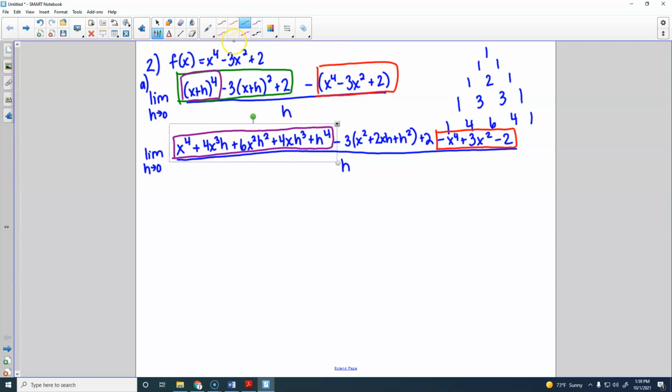I'm running out of colors. This part right here is this stuff. Is this stuff right here, and then it's really easy to lose it. But this 2 right here is that 2 right there.